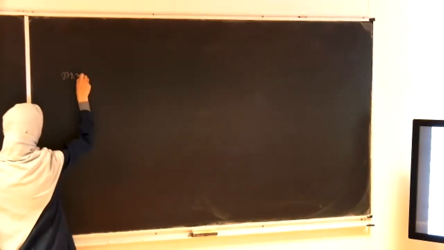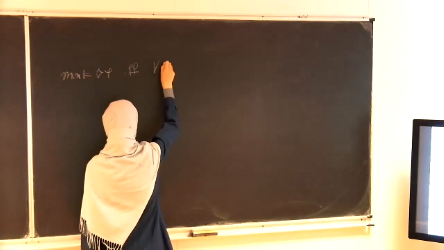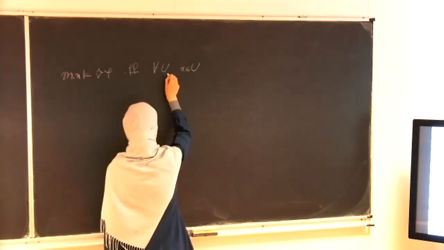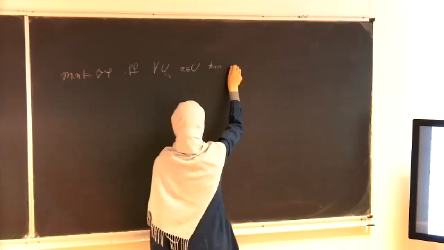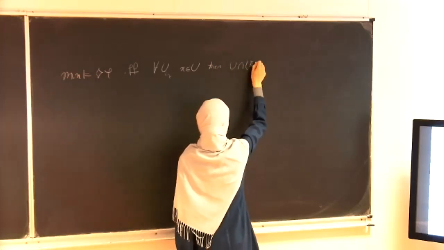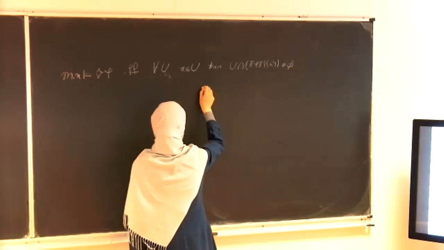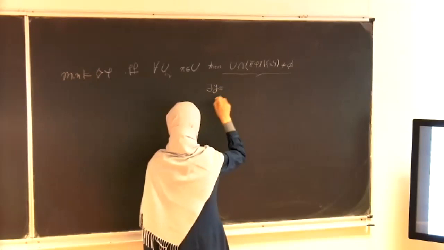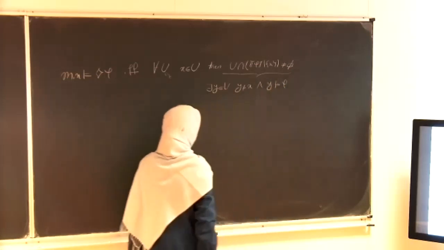Or in other words, diamond phi is true in x if and only if for all open neighborhoods U of x, U intersected with V of phi minus x is non-empty, which is equivalent to saying that there exists some y in U where y is not equal to x and y satisfies phi.